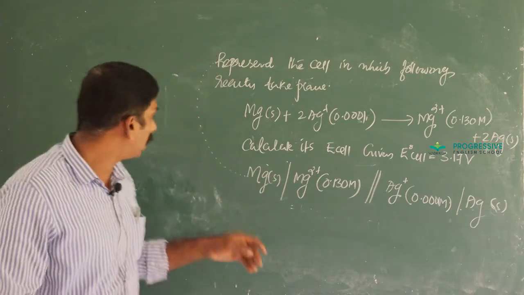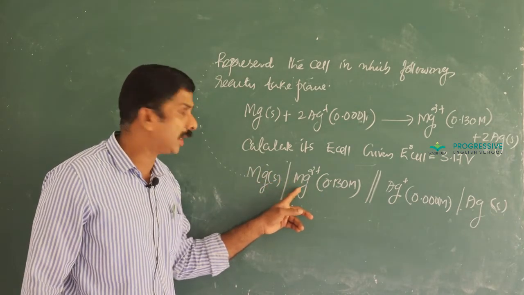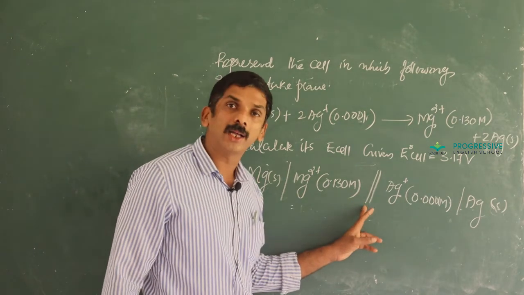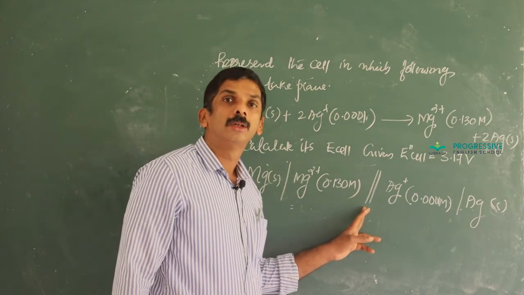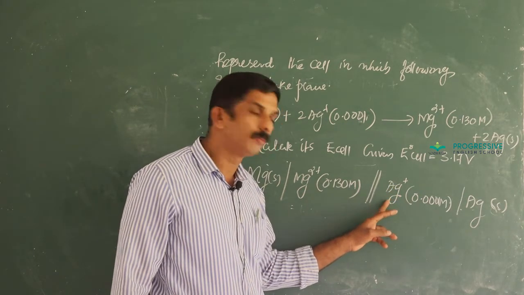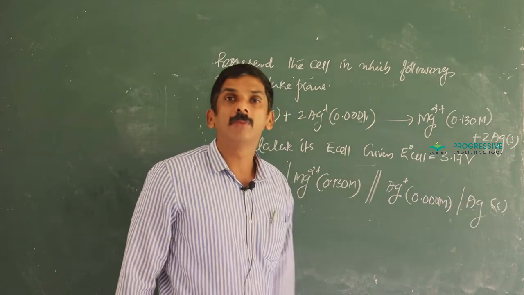While representing an anode, first we write the symbol of the metal, followed by the symbol of its ion with the concentration in brackets. Here you can see there are two vertical lines that represent the salt bridge, and for the cathode, first we write the symbol of its ion with the concentration, followed by the symbol of the metal.